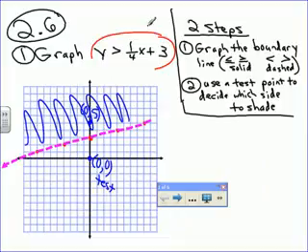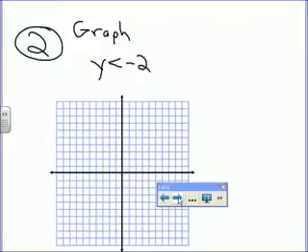If I plug that in, 0 for x and 5 for y, I would have 5 is greater than 3. That's true. So any of these points up here, if you were to test them, they would be true. Any of the ones down here won't work. So you're just given a visual of which points are solutions of it. Okay?